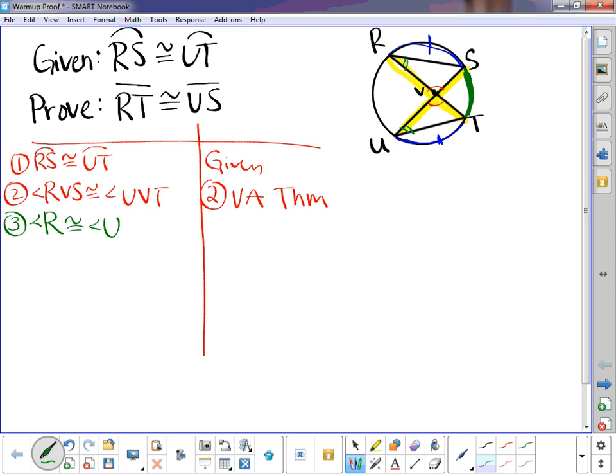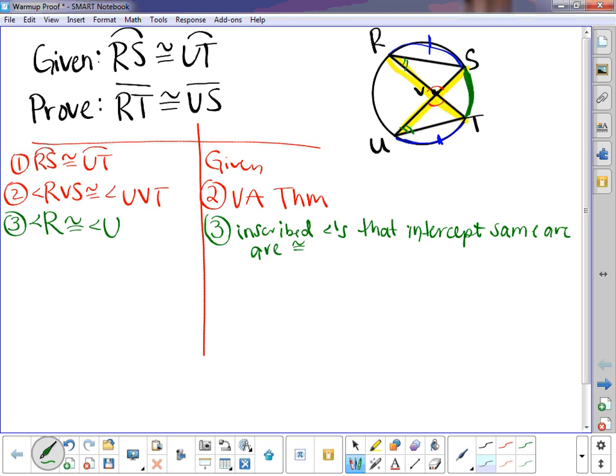So inscribed angles that intercept the same arc are congruent.